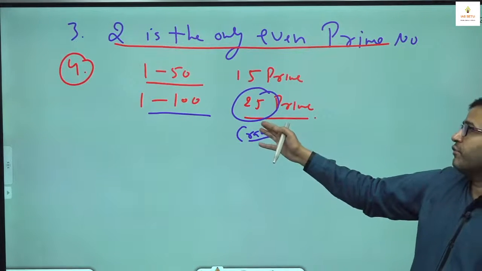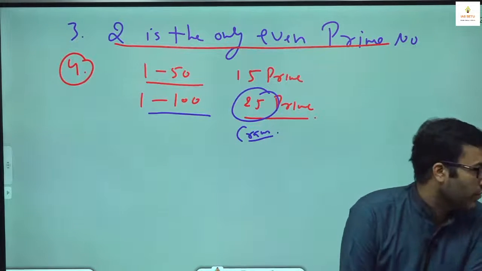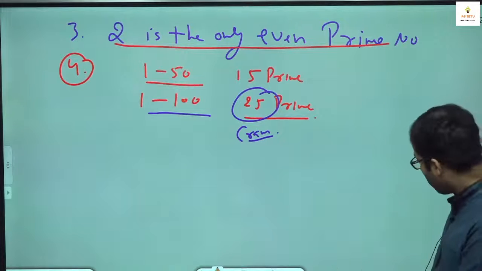So I give the list of prime numbers, these 25 prime numbers from 1 to 100. But before that, I ask you a question.